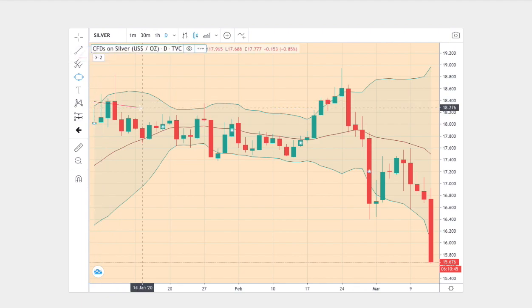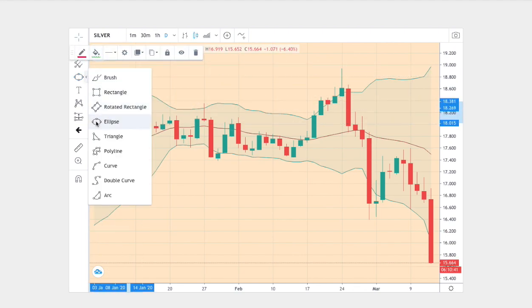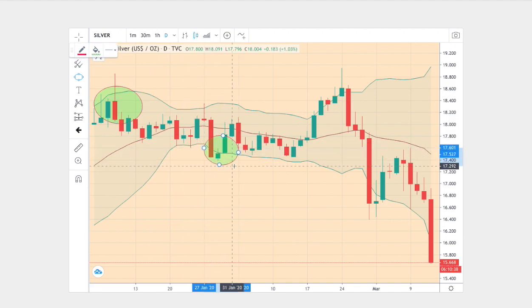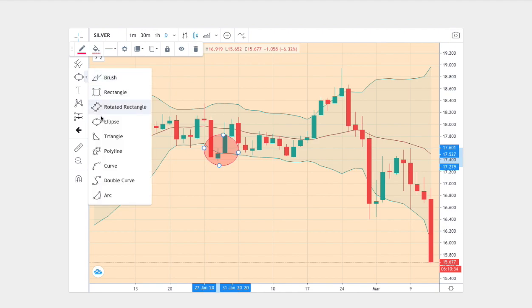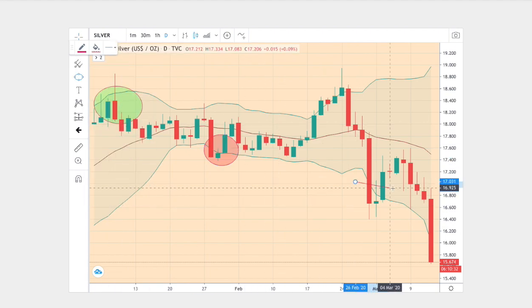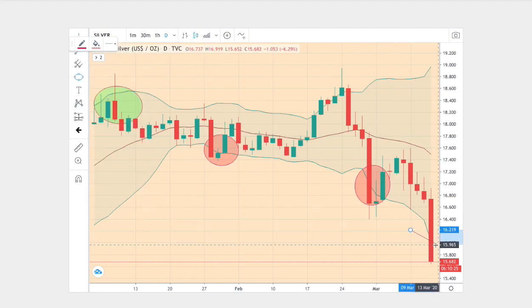So let me point out why these two charts are similar. In the beginning of the trend, we started off at the upper Bollinger Band, and then we proceeded to dip lower to touch the bottom Bollinger Band. So let's mark all the instances where we touch the bottom Bollinger Band. We have our second one there, and our last one right at the end.